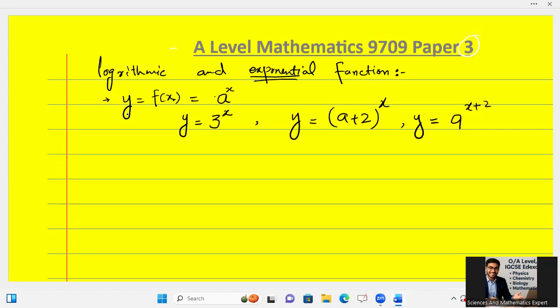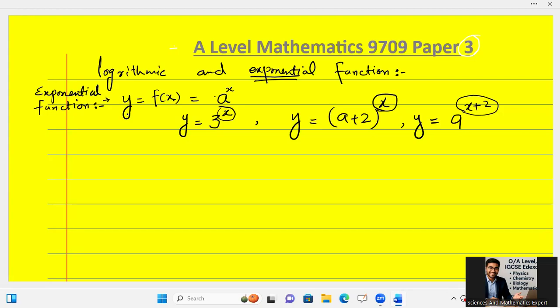These all have the variable in the power. These are called exponential functions.